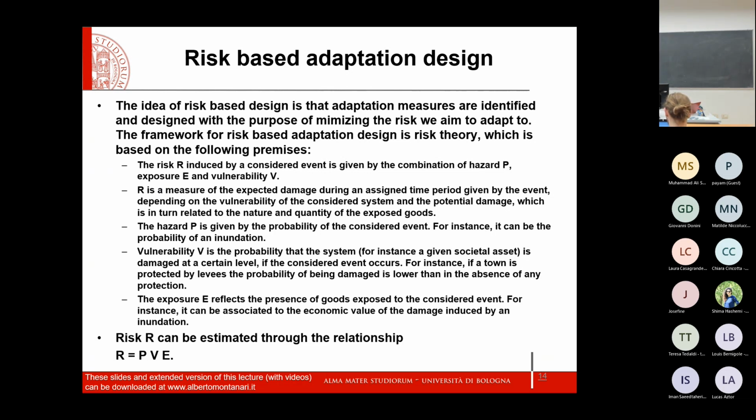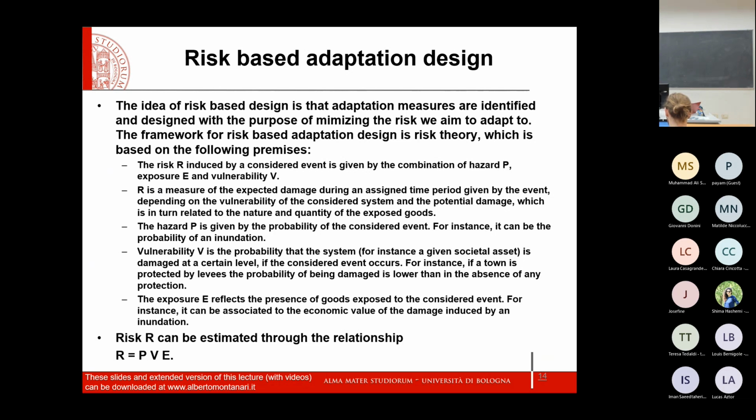If I get a heat wave of +15, the damage is much higher. More people die or more people get sick, and therefore the structure and the goods also deteriorate, the vegetation deteriorates more. So even exposure depends on the intensity of the event, depends on probability.